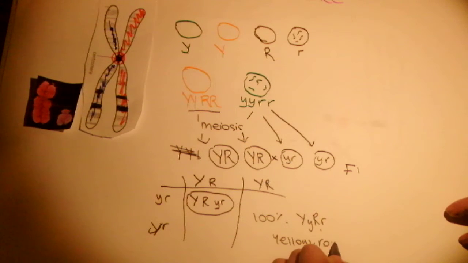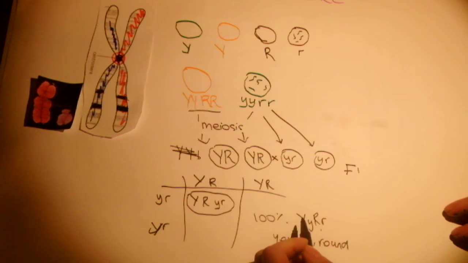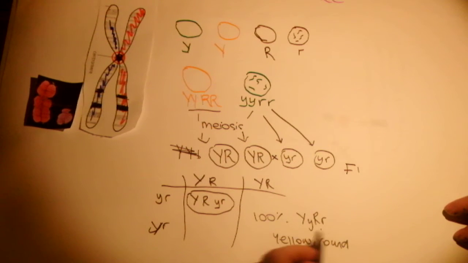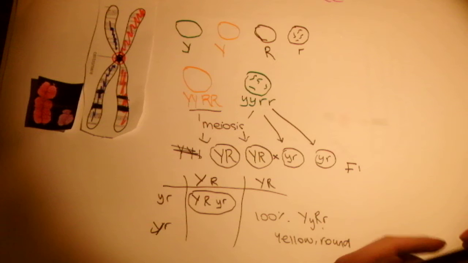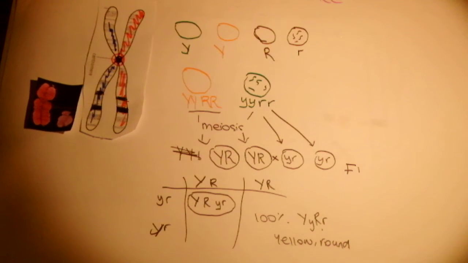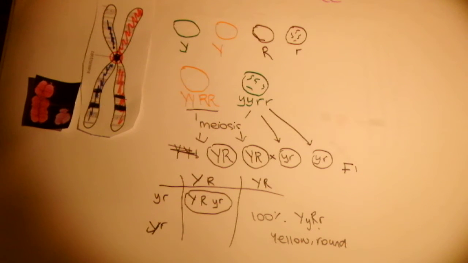So 100% would be yellow and round. However, they would also be carriers for the next generation. So you wouldn't have another set of true breeding, because it would not be both. It wouldn't always express, because you would be able to get one of the recessive alleles to be expressed in the F2 genotypes.